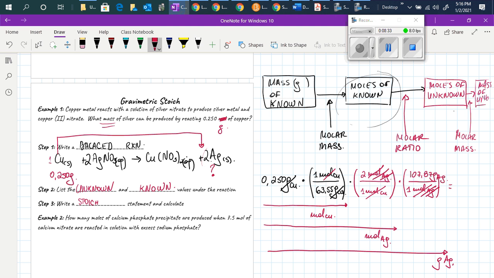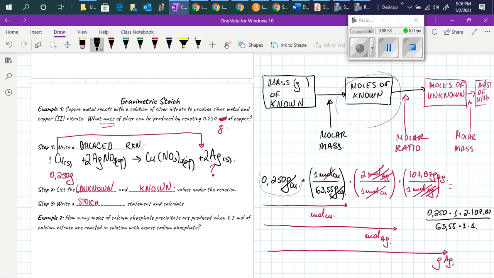So in your calculator, what you will enter is 0.250 times 1 times 2 times 107.87, the whole thing divided by 63.55 times 1, which doesn't really matter, you may not put it in. So what did we do here?